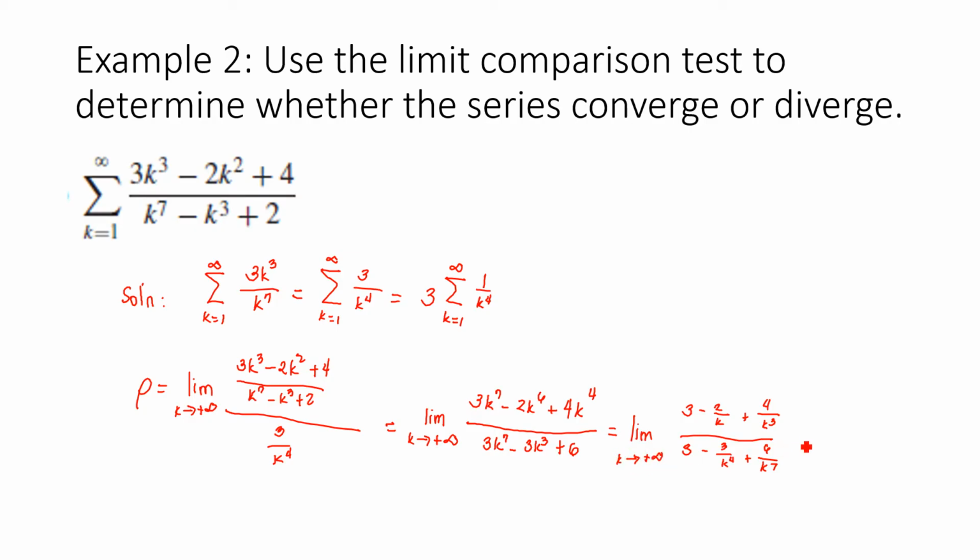So in this case, this is 0, this is 0, this is 0, this is 0. So you have 3 over 3, which is equal to 1.